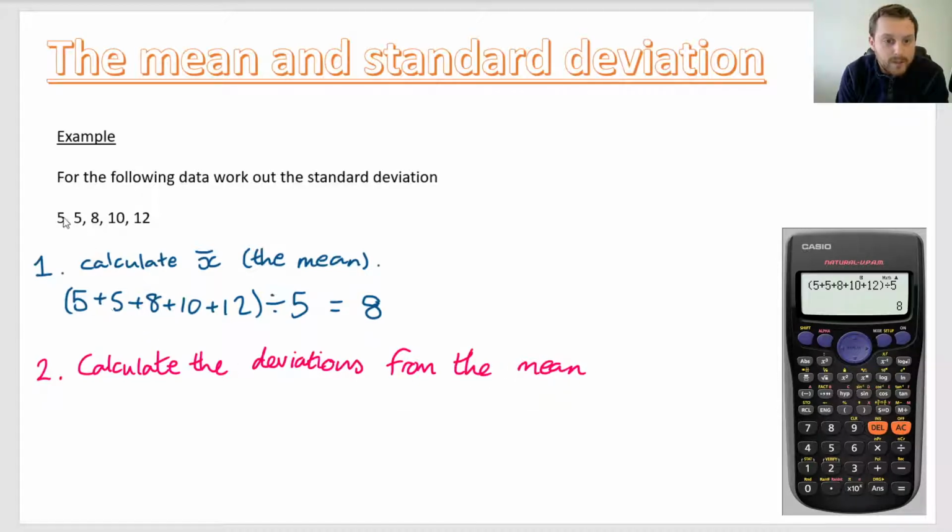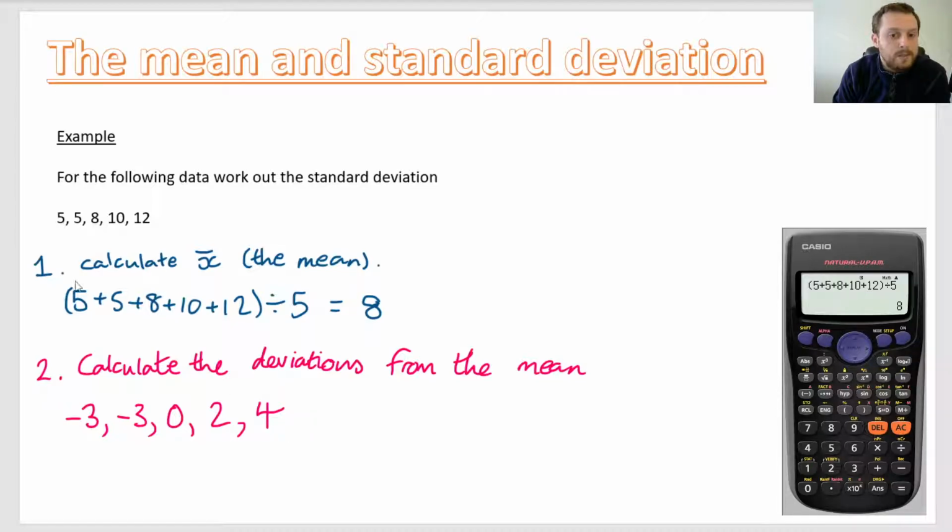So I'm going to do 5 take away 8, which is minus 3. 5 take away 8, which is minus 3. 8 take away 8, which is 0. 10 take away 8, which is 2. And 12 take away 8, which is 4. So each of the original data points, I have now subtracted the mean from them and written a new list.